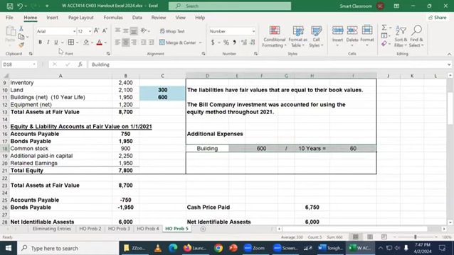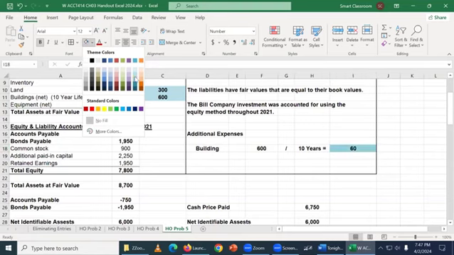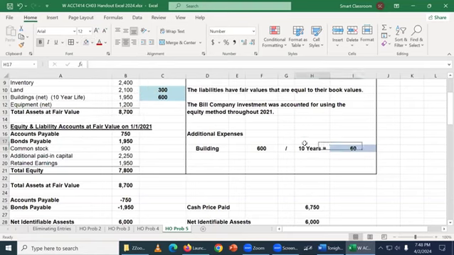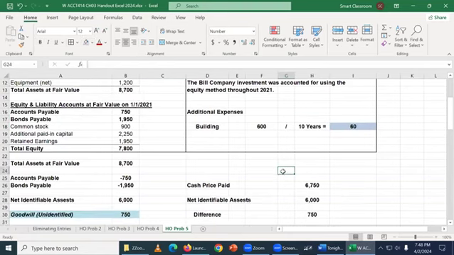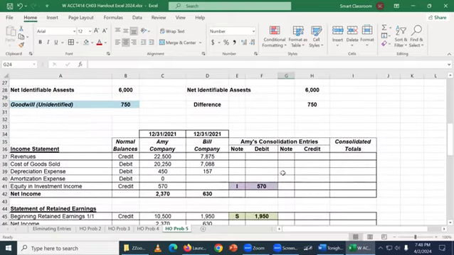If I say something wrong, make sure you say something. And that's also for you guys playing at home. You find me saying crazy things, or putting crazy things up here, you know what to do. Okay, so 60 is the additional expense.